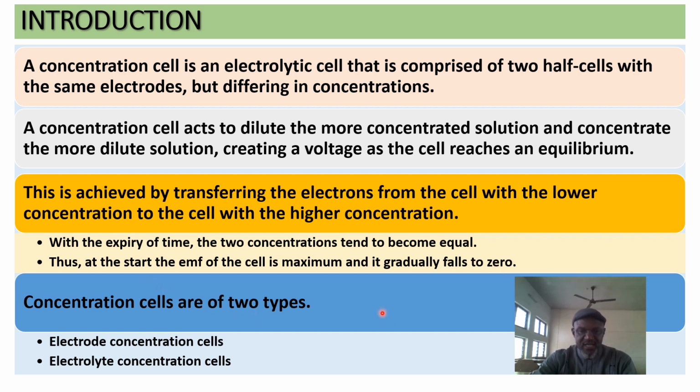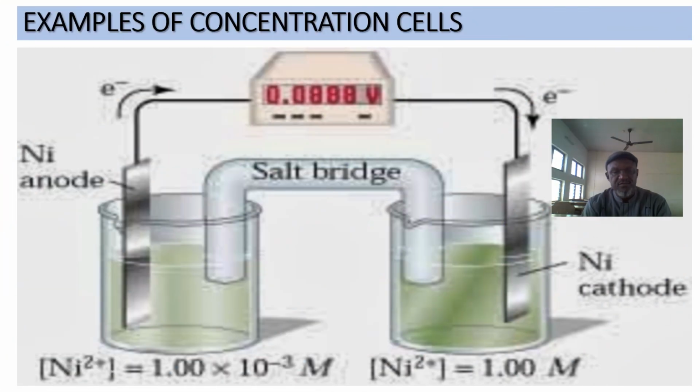There are basically two types of concentration cells: electrode concentration cells and electrolyte concentration cells. Now, this is an example of the concentration cell. Look, the electrode here is nickel. The electrode here is still nickel. So we'll have the same electrode for the oxidizing half cell and reducing half cell.